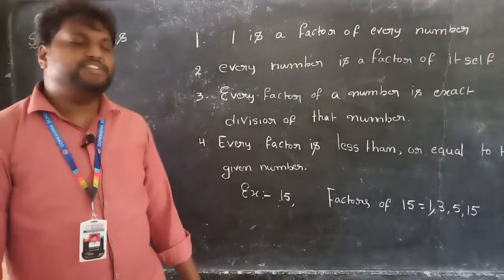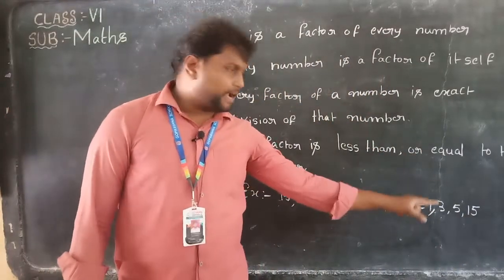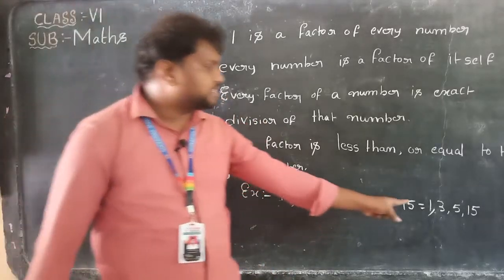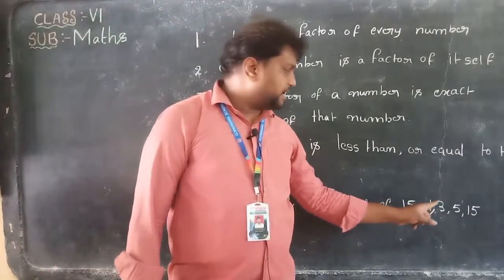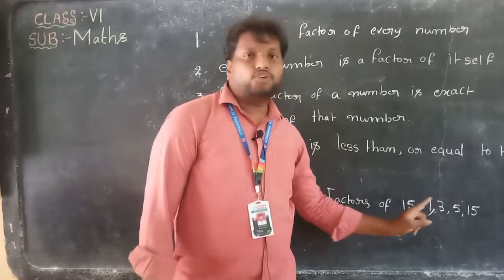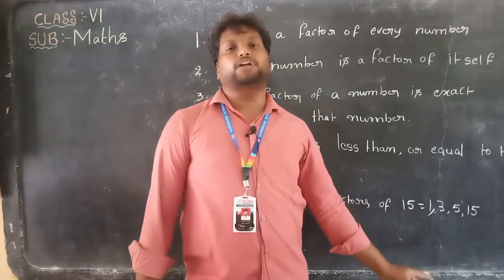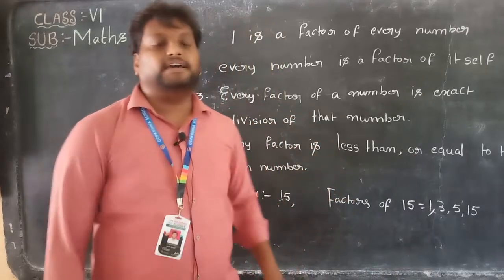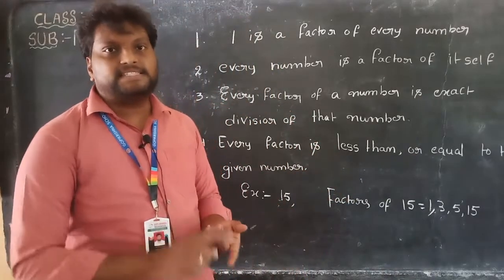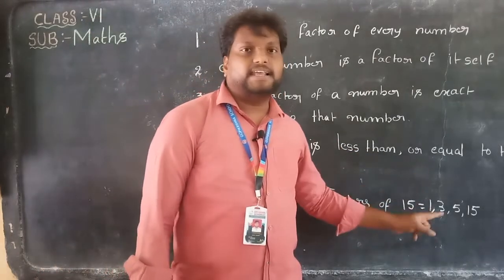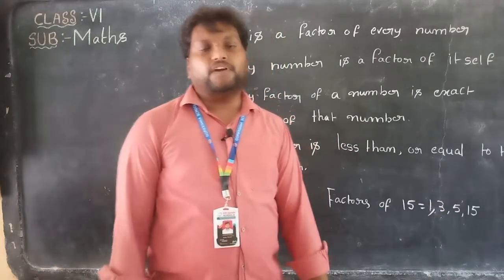Because 15 is divisible by 1, 3, 5 and 15. Take the first factor: 1 is always less than 15. 3 is also less than 15, 5 is also less than 15, and 15 is equal to 15. Every factor is less than or equal to the given number.